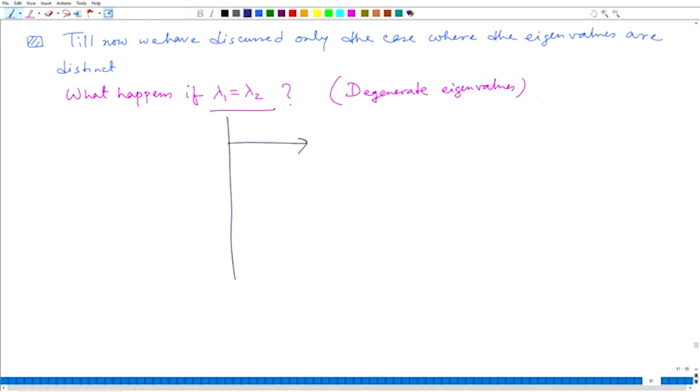The first possibility is that although the two eigenvalues are the same, the system still has two linearly independent eigenvectors.